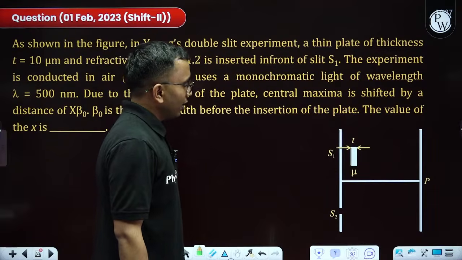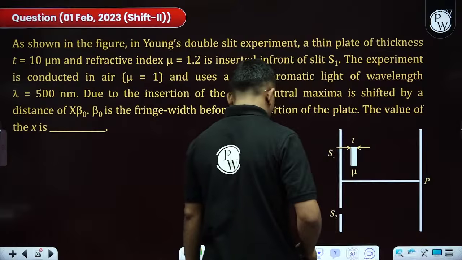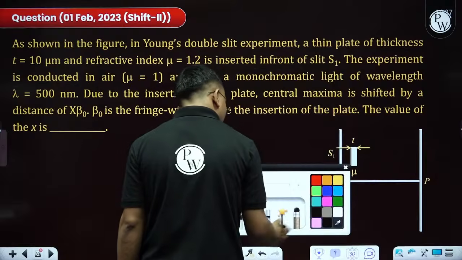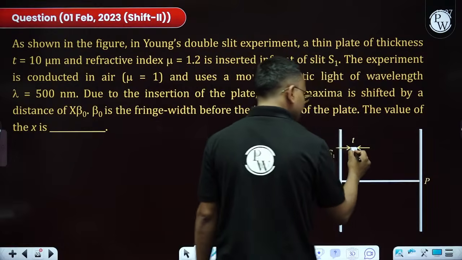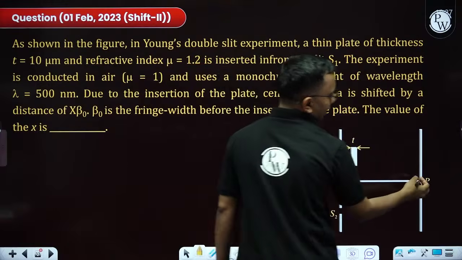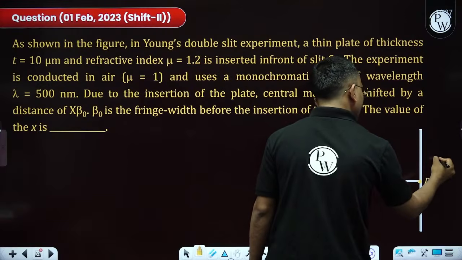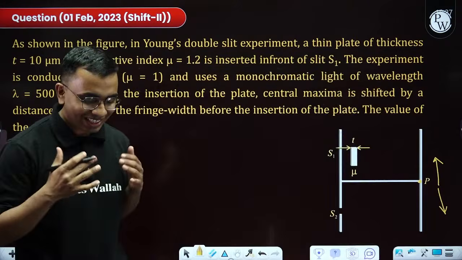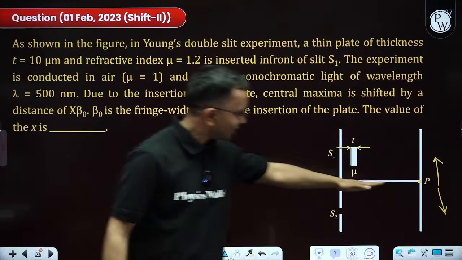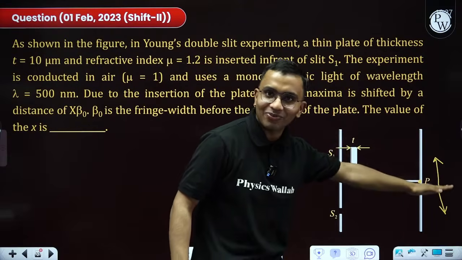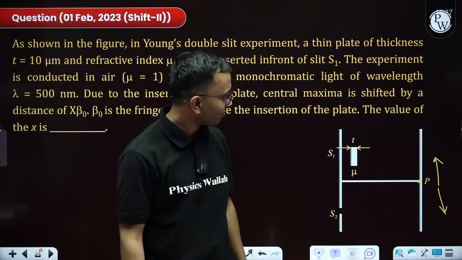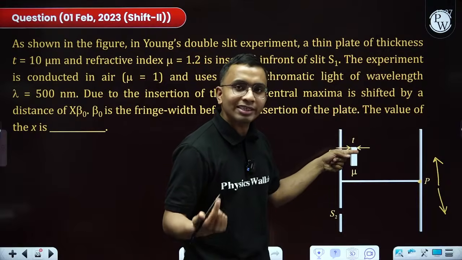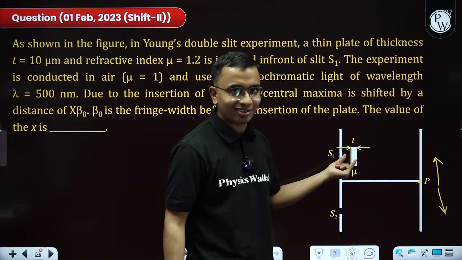Anyways, the fringe width will not change if we insert the plate. Now the point is common sense: where should this central maxima shift? I have inserted a sheet here. Should it shift up or shift down? The ray which is traveling from the upper slit is already traveling an extra distance because of this thin sheet.